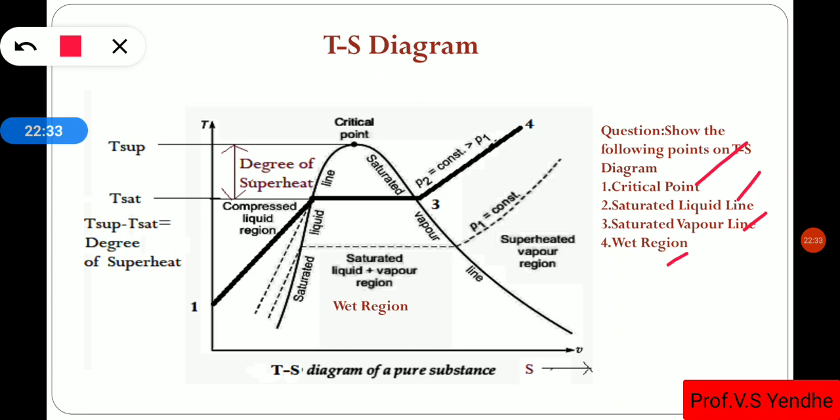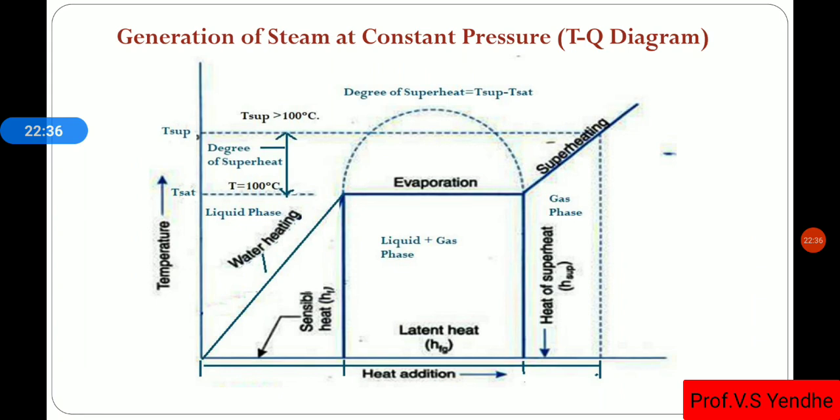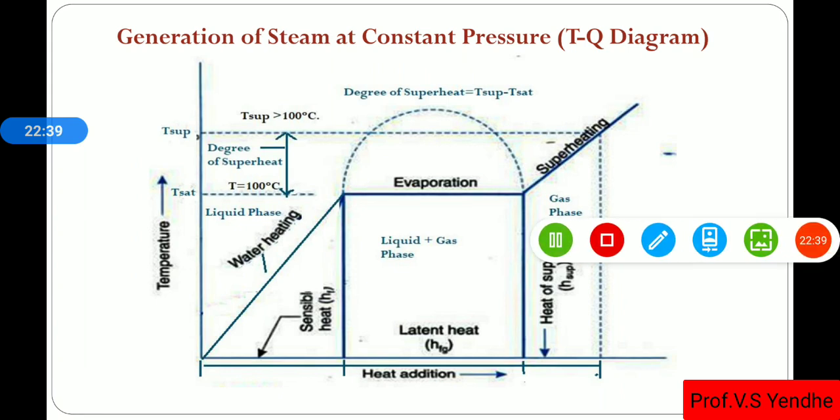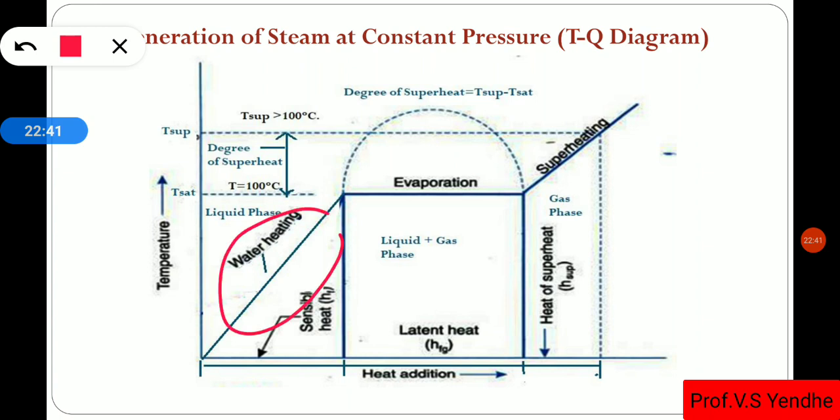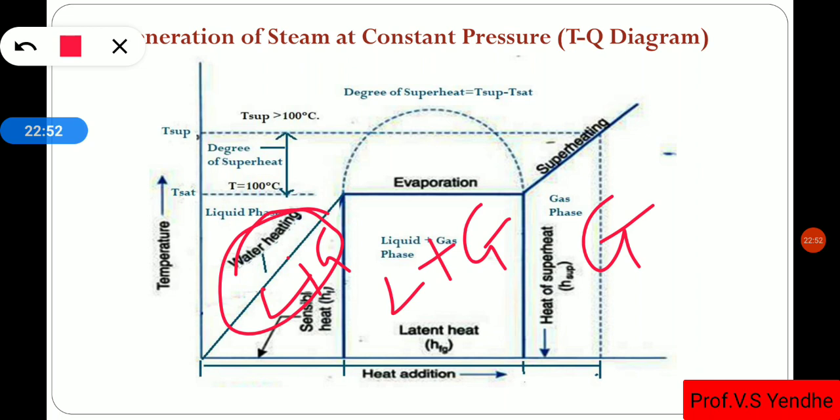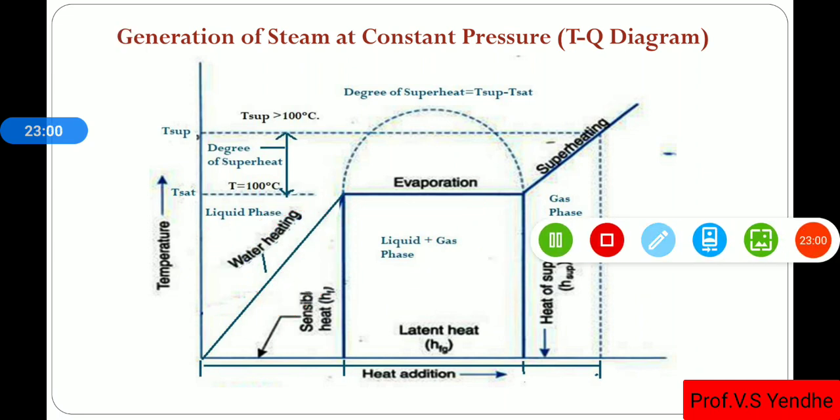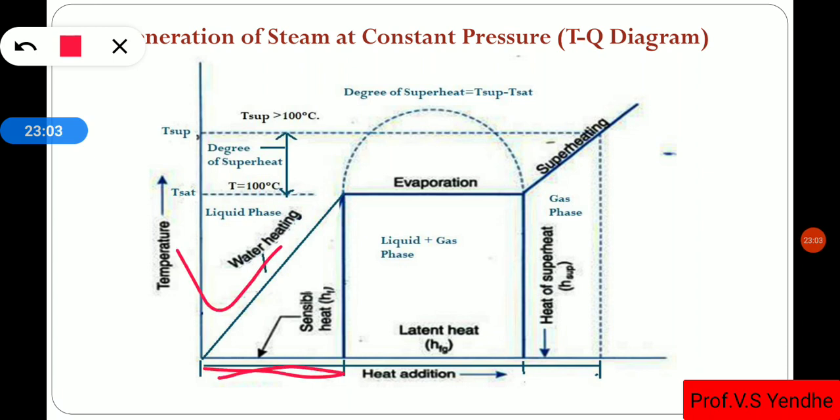In the previous diagram, as we know, this is the liquid region. This is liquid plus gas, and this is gas. From this to this, this is the liquid. From this to this, this is the liquid plus gas, and this is the gas phase.